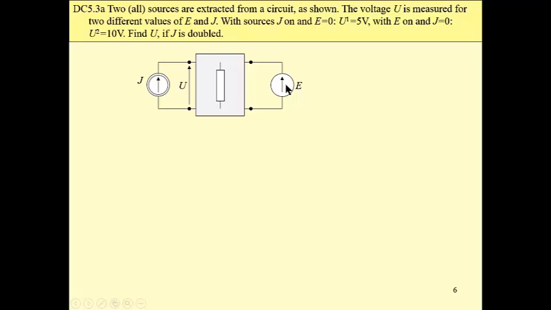Then actually our task is to find the transfer functions, or more precisely to find components of this voltage: the component which is the effect of this current source, and the second component as the effect of this voltage source.